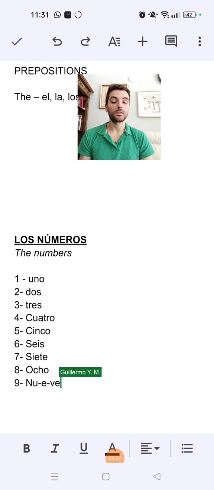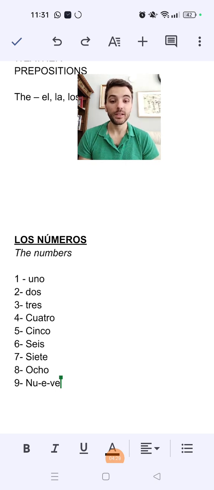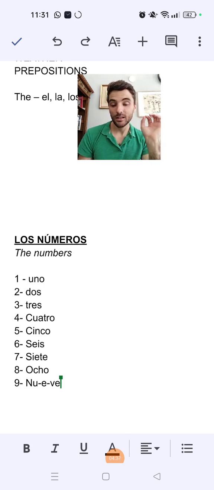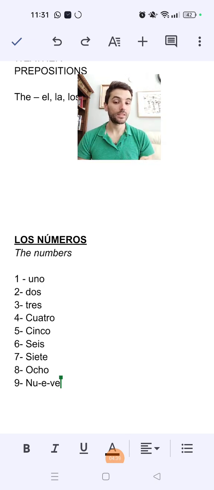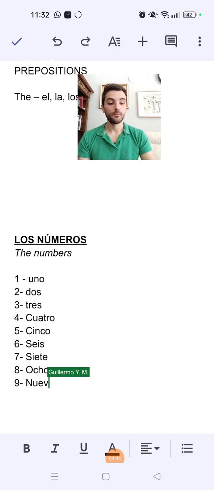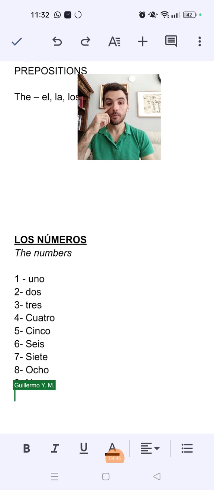For Americans or English speakers, it's very important that you continue to associate the sound E with the letter I. Okay, nueve. The rest of nationalities don't have such a problem with these vowels.